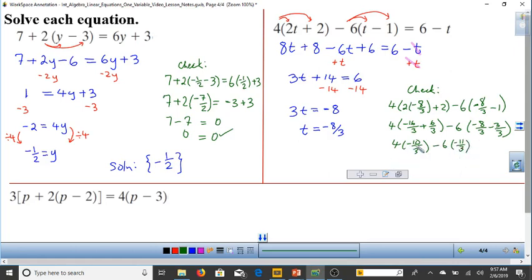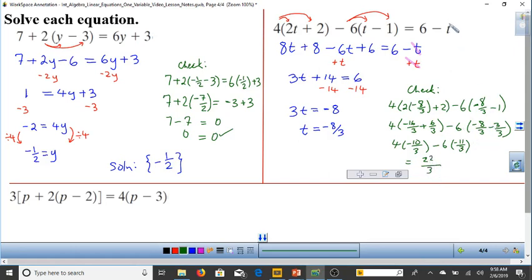We have negative 40 over 3 minus 66 over 3. And that gives us negative 106 over, oh, that's a plus, my bad. Negative 40 plus 66 gives me 22 over 3.